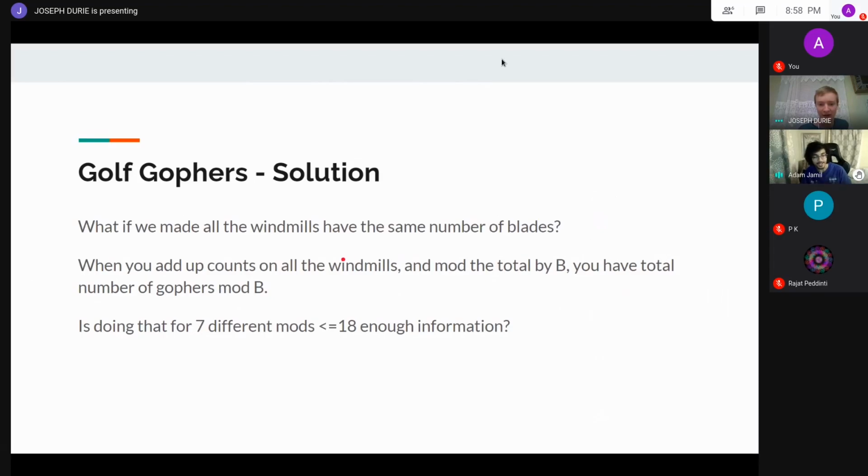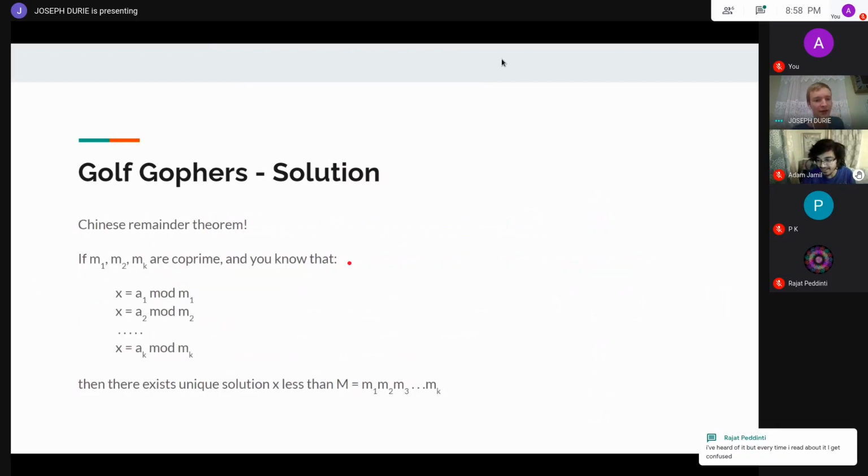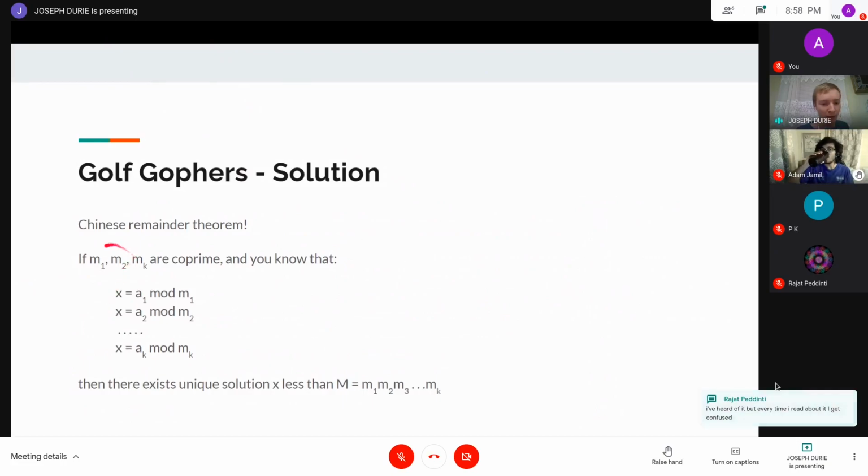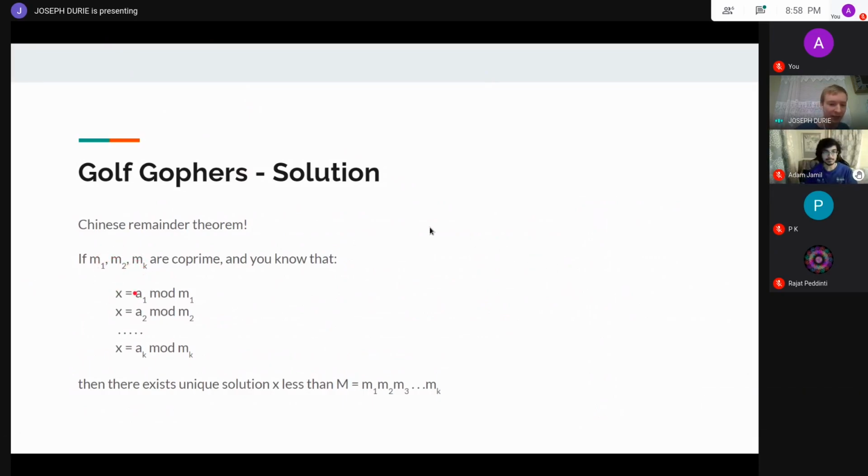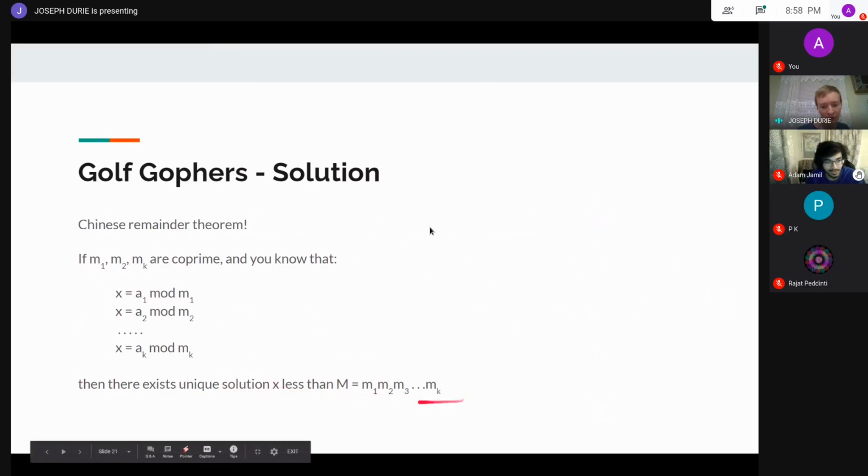I actually don't know how to do Chinese remainder theorem, so I guess I'm gonna learn now. Cool. So basically, Chinese remainder theorem is if you have k coprime numbers, and some hidden number x, and the mod values of x mod all of these m_i values, then there's a unique solution less than the product of all the mods.